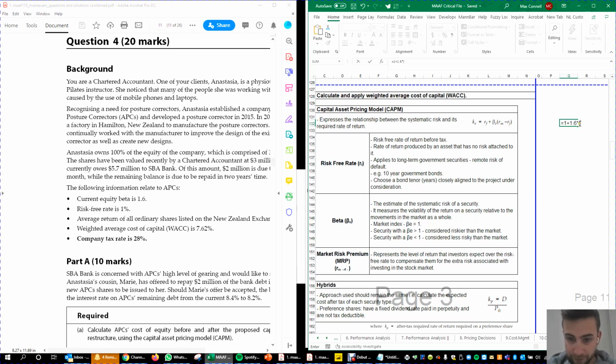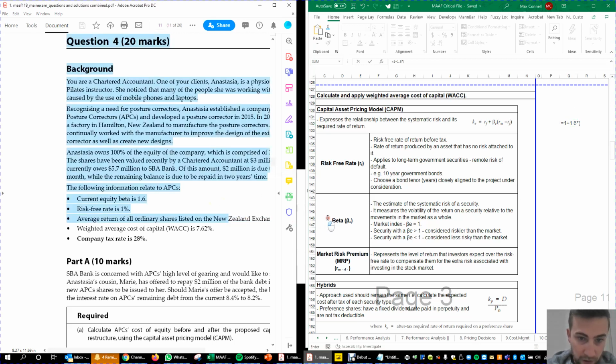So RM is the market. It's the return of the market, which we can see in the question over here is 7%.